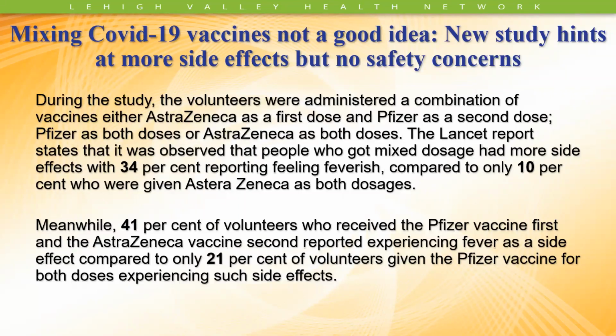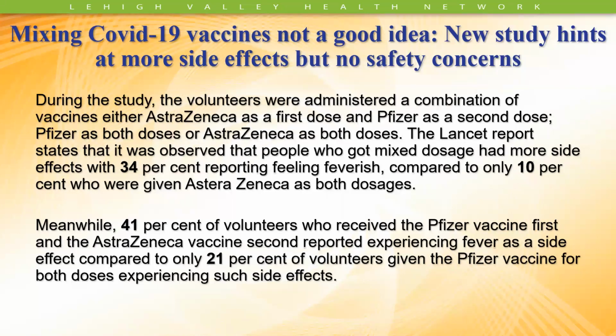Now, some have thought about mixing the vaccines, and some data came out saying that it is not a good idea to mix, that there seem to be more side effects when you mix an RNA vaccine with a vector vaccine. So I'm not sure if that's something that's going to be advocated.